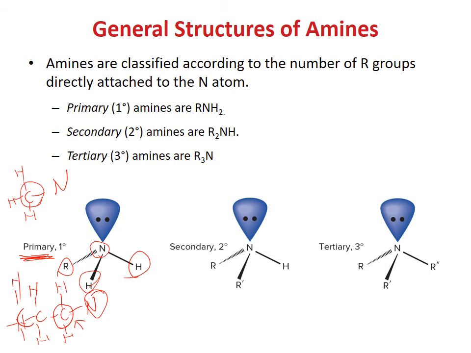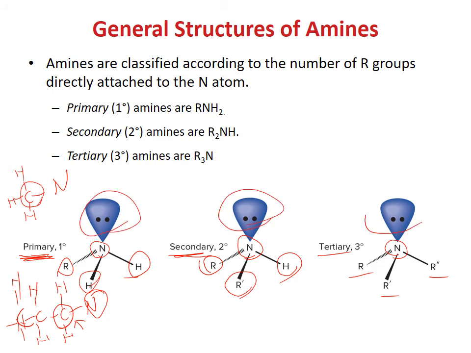In the second one, the nitrogen is attached to two alkyl groups. That means it is attached to two carbon atoms. The third one is a hydrogen. And this is called a secondary amine. When nitrogen is attached to three carbons, that's called a tertiary amine. In all these amines, nitrogen contains a lone pair of electrons.